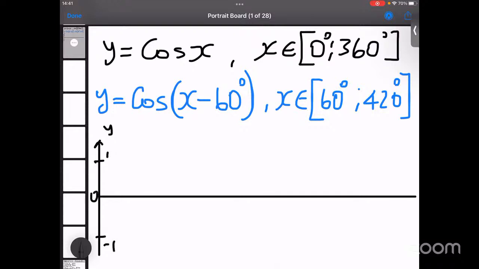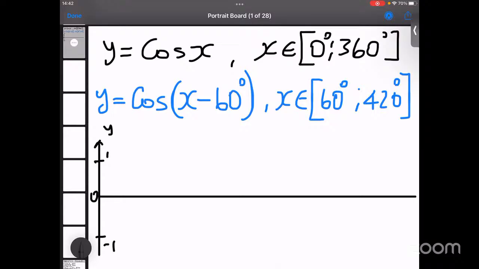Obviously, that one is 0 over there. In terms of the critical points for that one, since it hasn't shifted, we're going to start from 0. It will be the period, 360, that you divide by 4 to get the critical points.